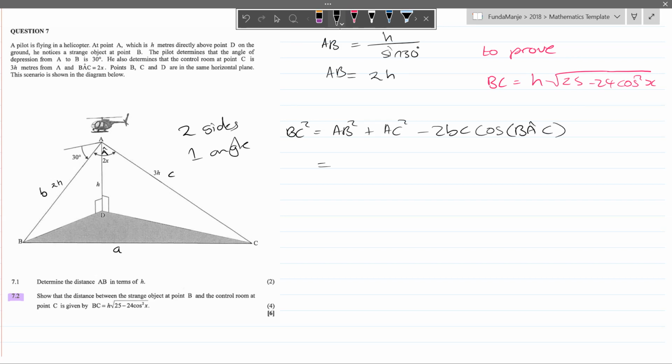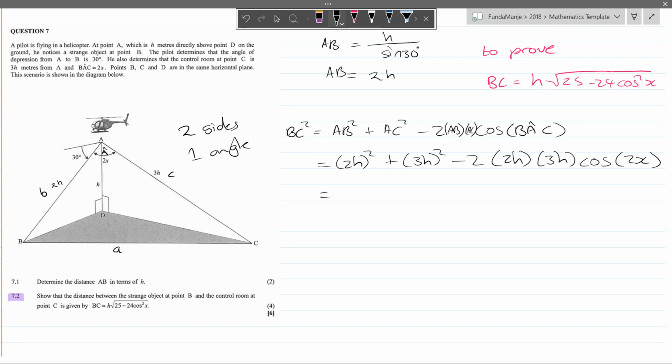Then we can make some substitutions. AB just calculated to 2h, square that. AC given as 3h, square that, minus 2. This B and C is supposed to be AB and AC, like that. So 2 times AB is 2h and AC is 3h. And then we multiply by cos of 2x, since that's the size that is given.